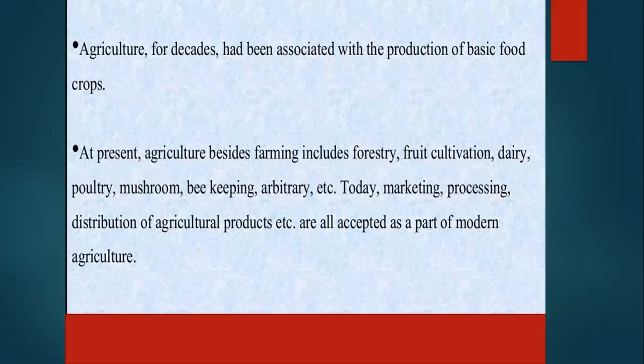Agriculture for decades had been associated with the production of basic food crops. For decades, in India, 60 to 70% of the population has been totally based on agriculture. Now we are developing in industries and all, but earlier more people were in the agriculture field.